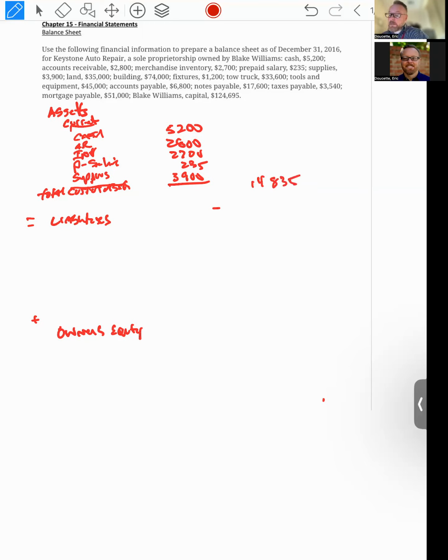And then I'm going to have to move everything down because I don't have room. So I'll draw that other one later. And then I have my plant, property, and equipment section.